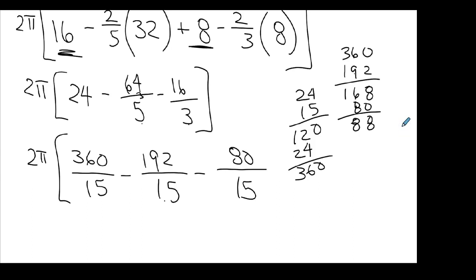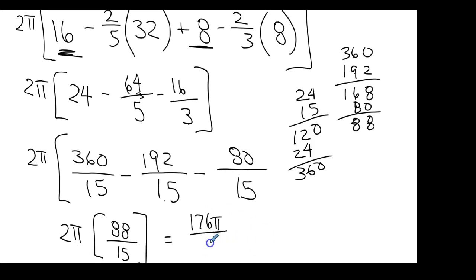What did I do? I must have added. Oh, thank you. I thought I made a mistake. So is 88 times 2 176? Yay. Okay.